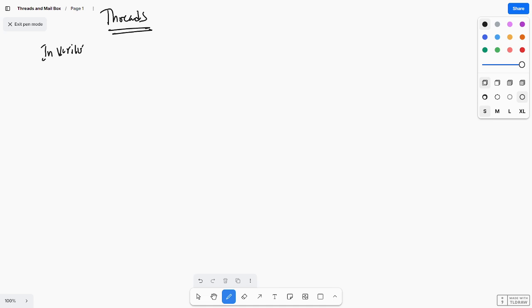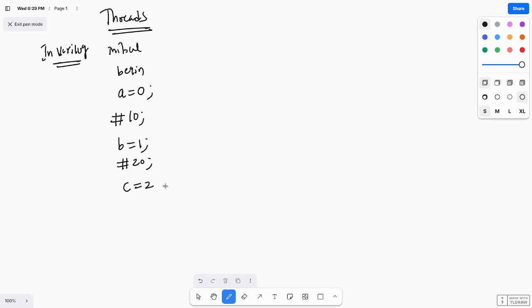Suppose in Verilog we write one piece of code like: initial begin, a equal to 0, hash 10, a equal to 0, hash 10, and b equal to 1, hash 20, and c equal to 2, end.